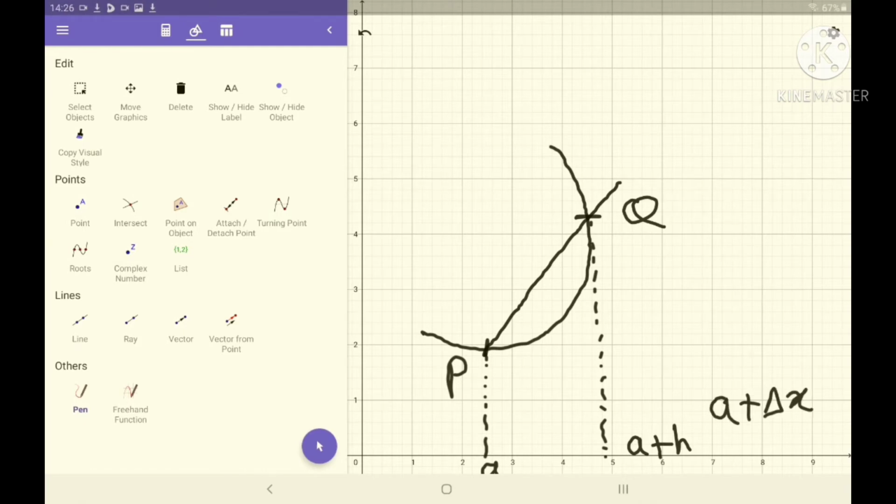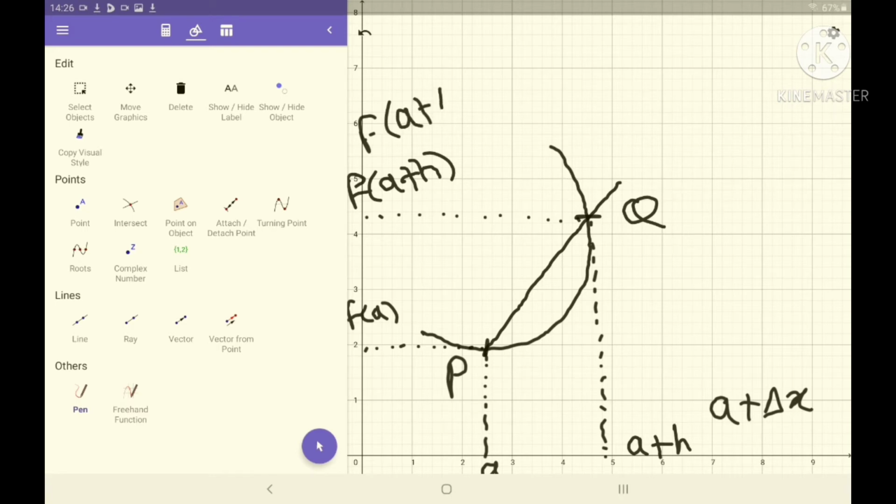Delta x be the small increment. So at that same time on the y axis you found f of a for point P, and for point Q you found f of a plus h, or if you are going to substitute delta, then it is in the form of delta x.